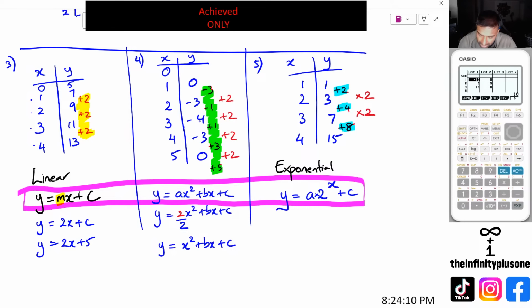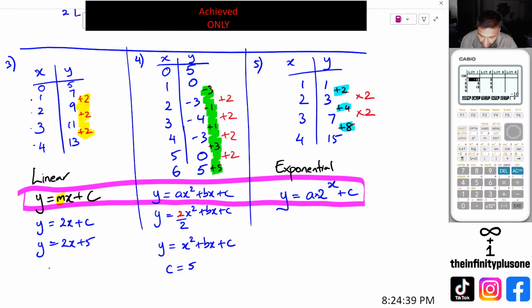Quadratics are symmetrical, so if I go one more step to 6, this value is going to be 5. Because 6's value is 5, if I reflect it, at 0 it's also going to be a 5. So I can straight away say c is equal to 5.